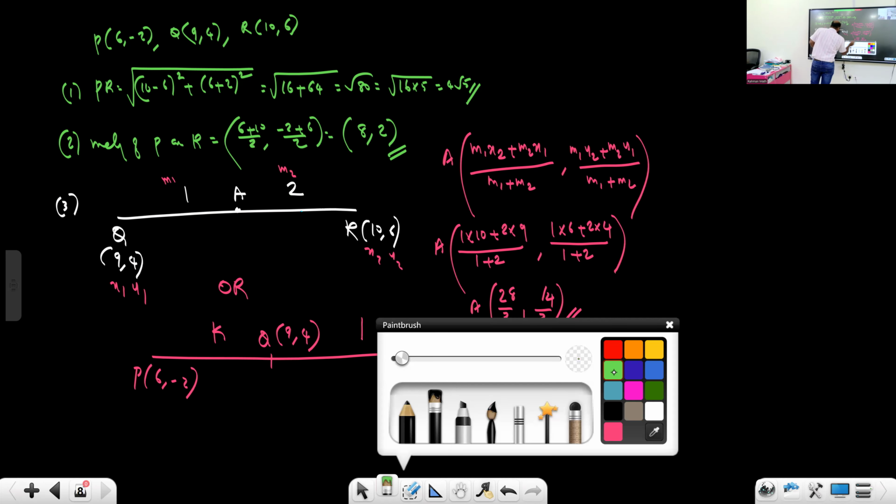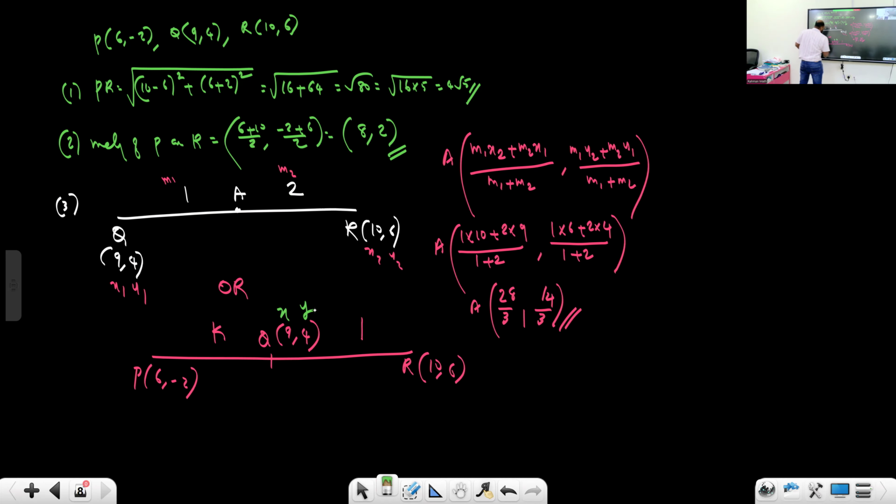K:1. Point of division always we are calling XY. This is your X1, Y1 and this is your X2, Y2. Draw the diagram. After that I'll tell you. Today at least we want to finish 15 questions. All of you do it.